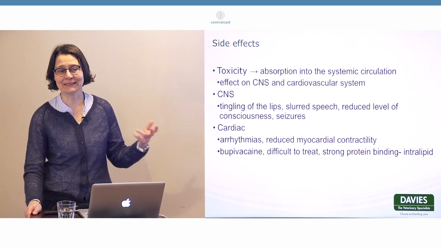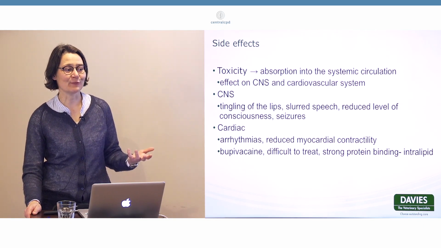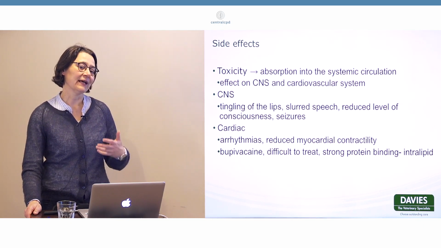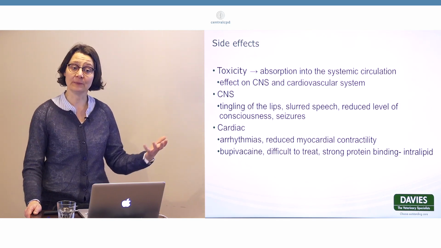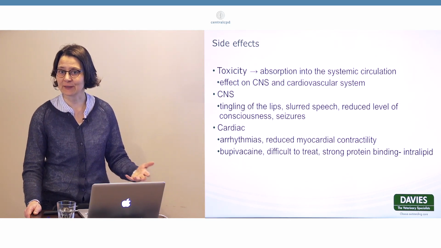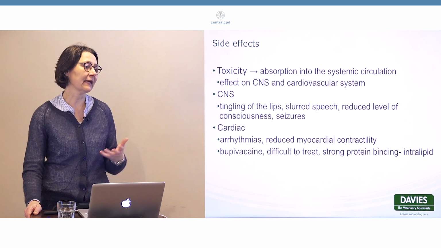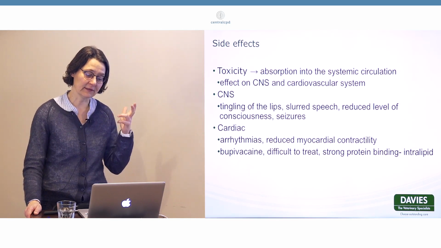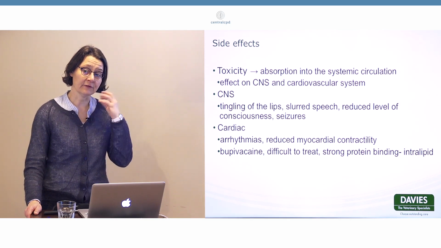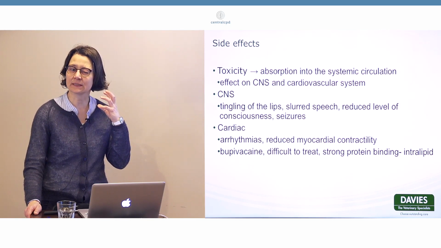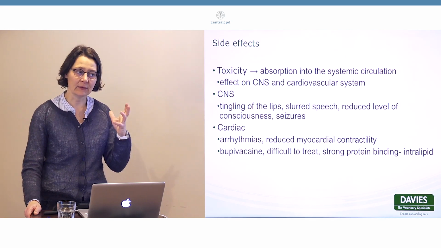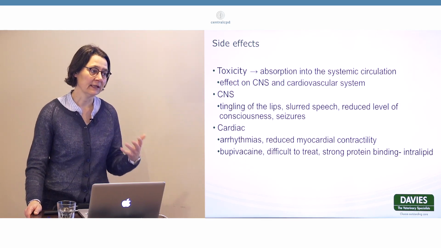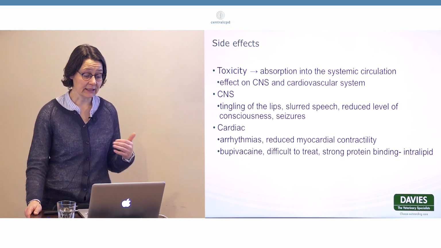Obviously we won't desperately see that, but it has been reported. In hospitals, people will be asked to speak, for example, to say how they feel, but it can happen to a degree. In our animals as well, we just need to be aware of it. Tingling of lips might be just a funny sensation. They might start licking, they may look a bit funny, so that's something you can see.